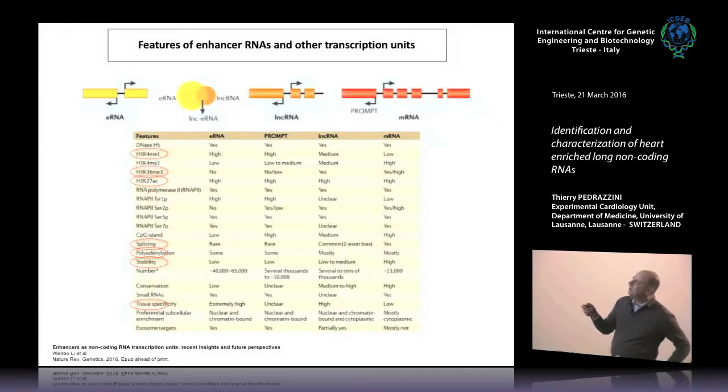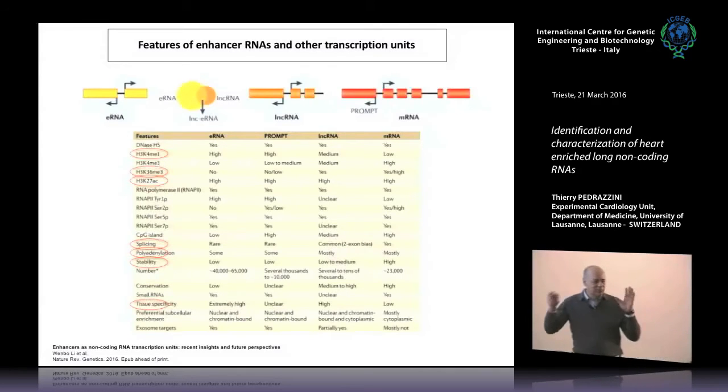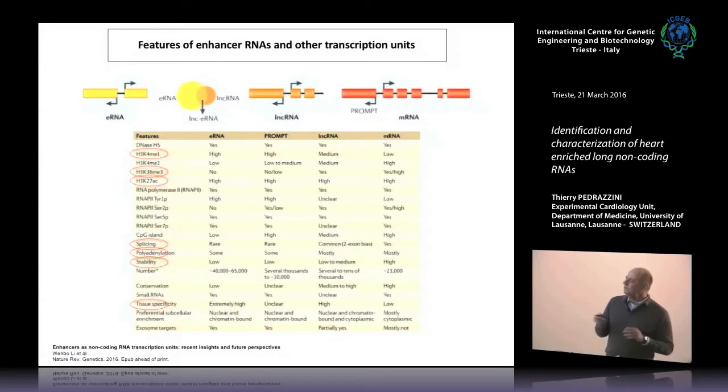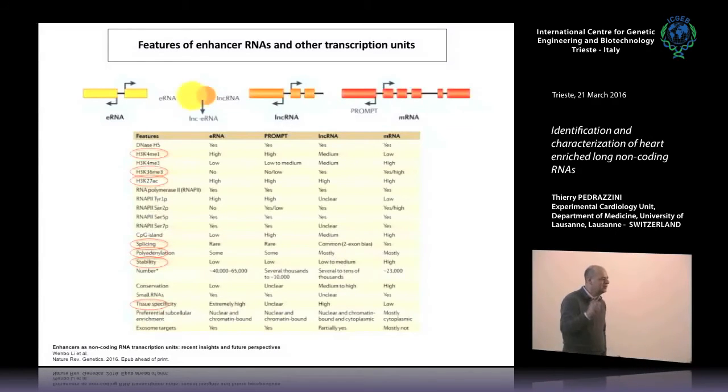Then you have the lncRNA groups that are characterized by transcripts that very much resemble a messenger RNA. They are capped, polyadenylated, multi-exonic, and these two groups are characterized by very high tissue specificity, cell specificity as well.